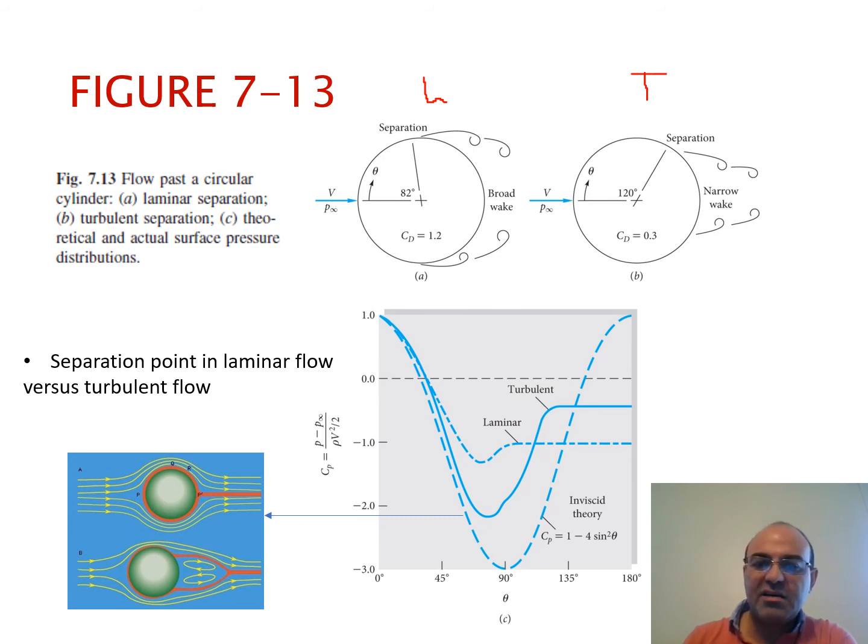So what will happen is that a flow approaches the cylinder with a velocity V and with a pressure P infinity. So far from the cylinder, the velocity is V and the pressure is called the ambient pressure P infinity, which are constant, for instance, if it's a uniform flow approach.